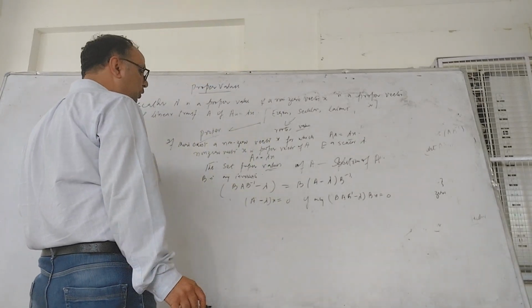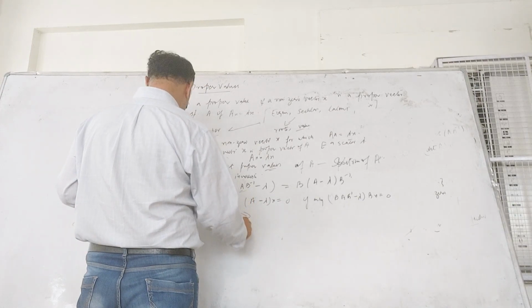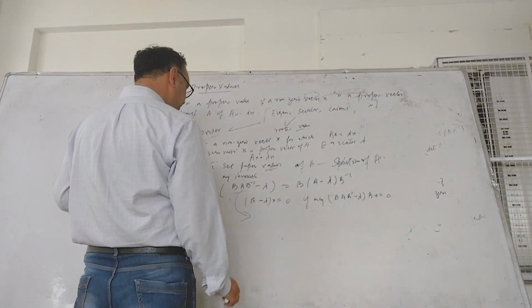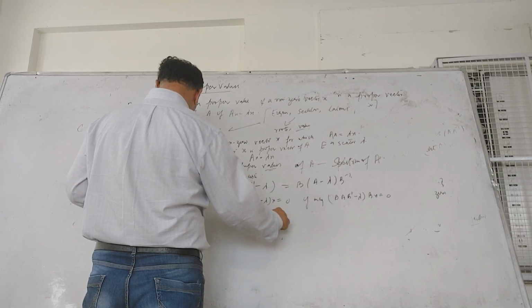So this means all of these equations are invariant if A is replaced by B inverse.